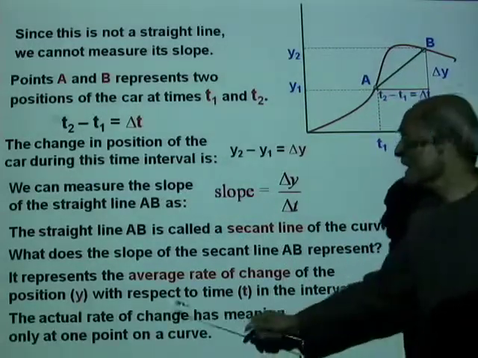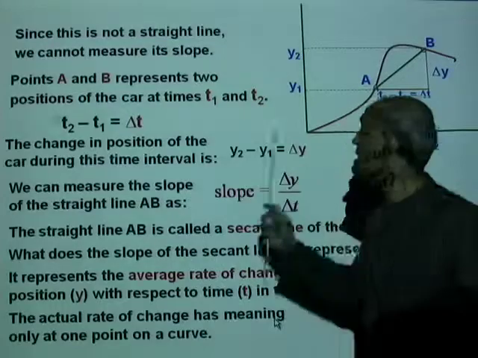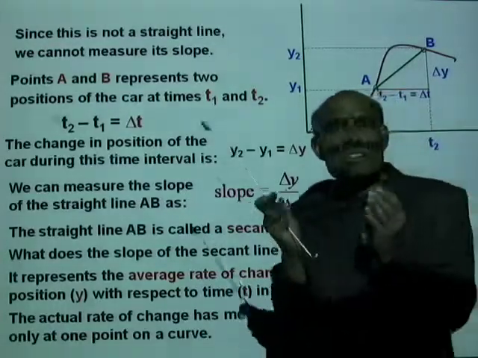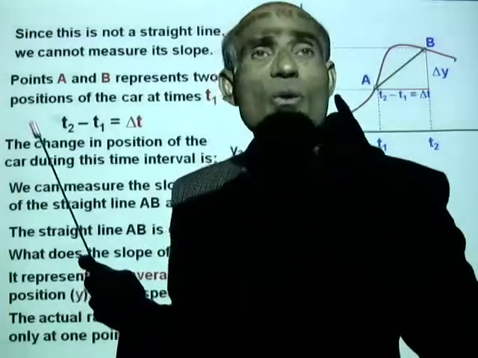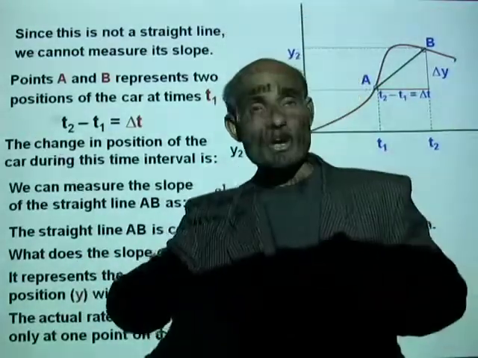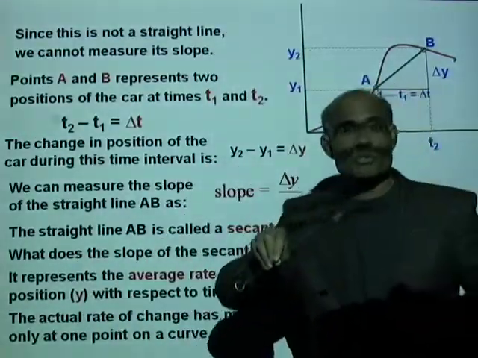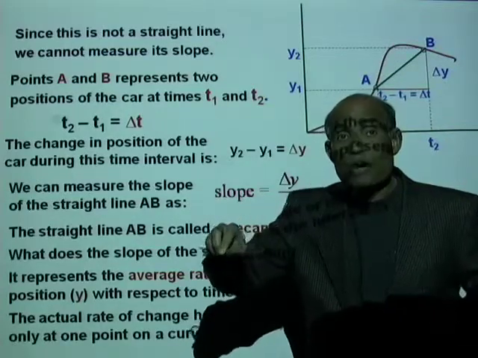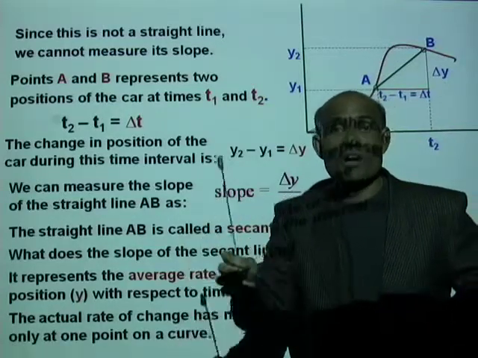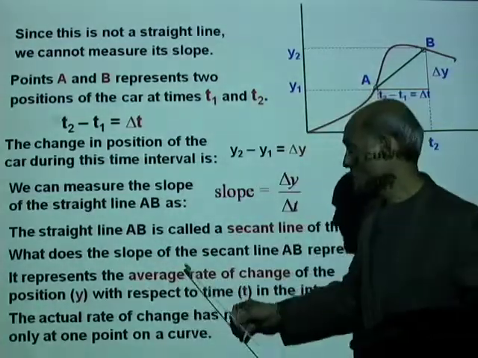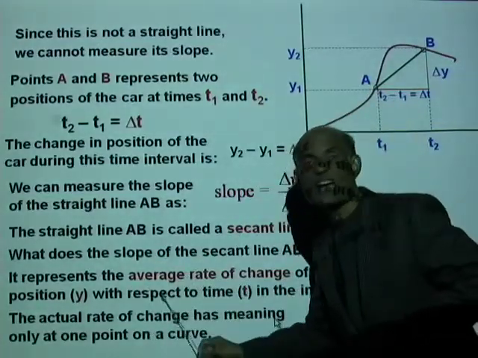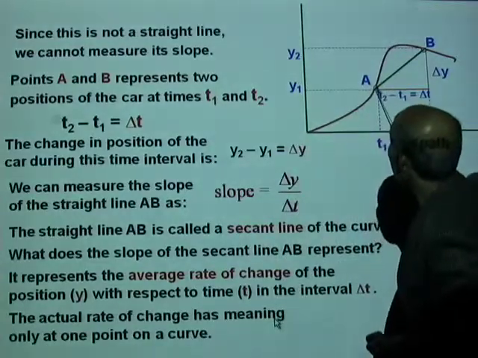Now, the actual rate of change in a case like this has meaning only at one point, because as you put your foot down, at each point along the path of the car, the rate of change is different. So the rate of change has a meaning only at one point.